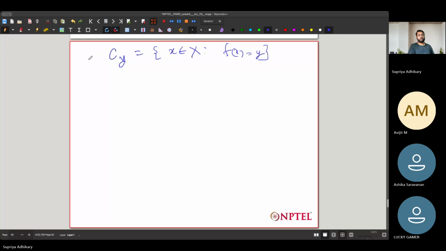So for all y in Y, we define this set C_y. Now the claim is that the collection of all these C_y's actually creates a partition.